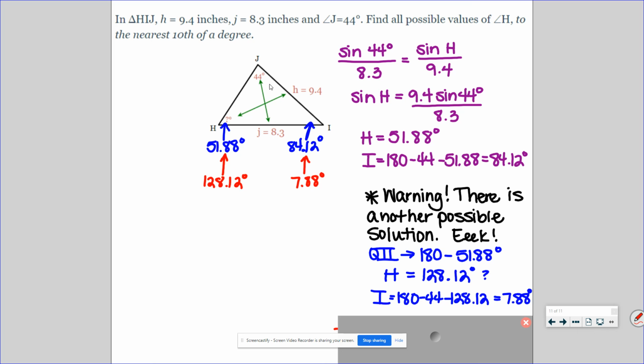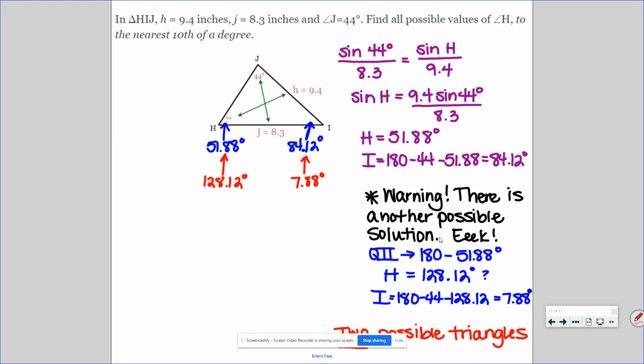And since all three angles, the 44 with these two red angles, add up to 180, that means that there's two possible combinations of angles that actually would produce the same side length measurements. So there are two possible triangles that you can draw with this given information.